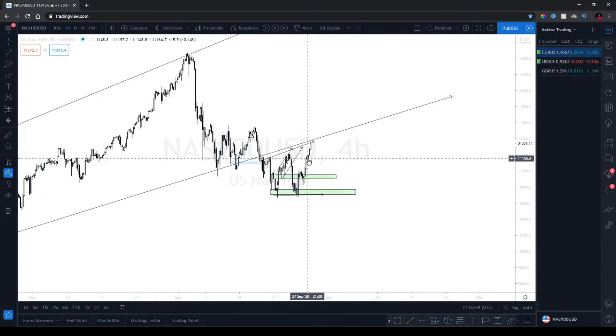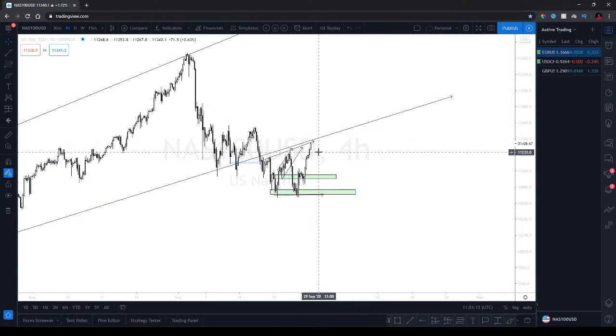I'd wait for a lower time frame pattern to confirm a possible sell here. There is an impulse here and this is a possible pattern, but it's a little bit too aggressive for what I like to see in patterns. But if I were to take this sell off this retest of this channel here, I would look for a lower time frame pattern, whether that's on the 1 hour or the 15-minute. And again, if I'm trading NAS, I'm not going to stay in it very long.